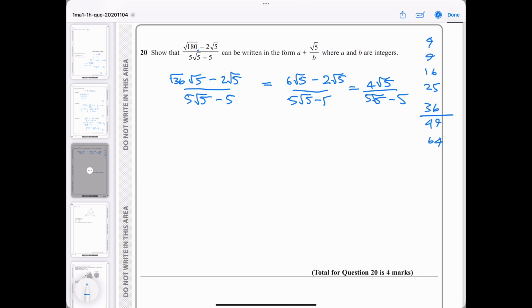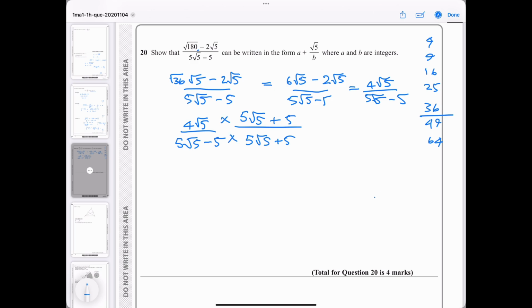Now you could say, gosh, Katie, you haven't rationalised the denominator, but I have solved one little problem. So now let's rationalise the denominator. We use the opposite of 5 root 5 minus 5, which is 5 root 5 plus 5, and then we use 5 root 5 plus 5 on the top as well.